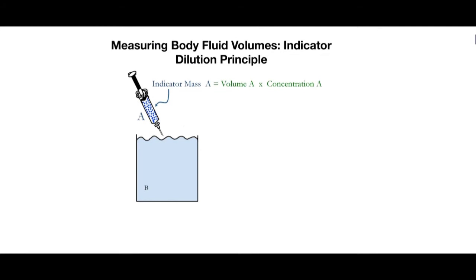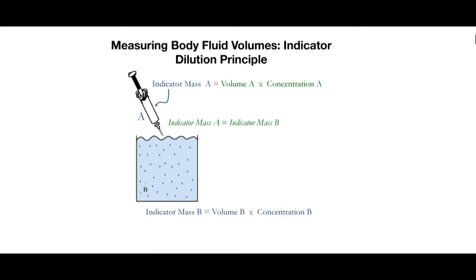That mass is going to be injected into your body. When it's injected, it's going to evenly disperse in whatever fluid compartment it's able to get into, and then you allow it to reach equilibrium so that you know you have no change in mass, but you do have a change in concentration. The mass of the indicator is the same in compartment B as you had inside that syringe. You didn't add or lose any molecules of that indicator. The only thing you did was change the volume into which it's dissolved.